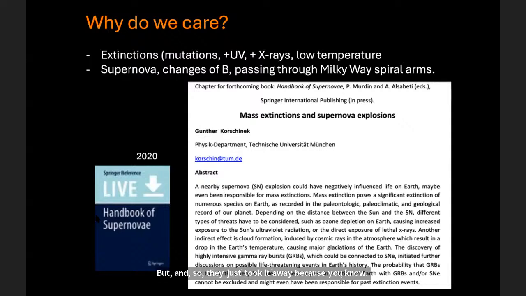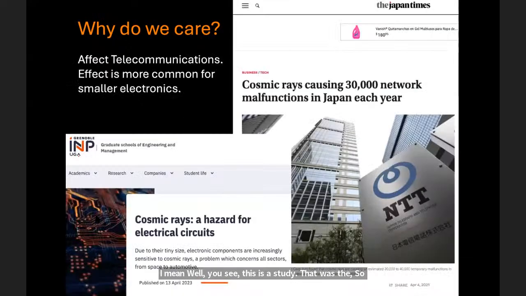But you see, this is a study that was just published in 2020. So I'm saying that this is something being investigated. But guess what? These cosmic rays, because of their energies, interact with things of the size of nanometers, right? And right now, we are so happy of having electronics of the size of nanometers, right?